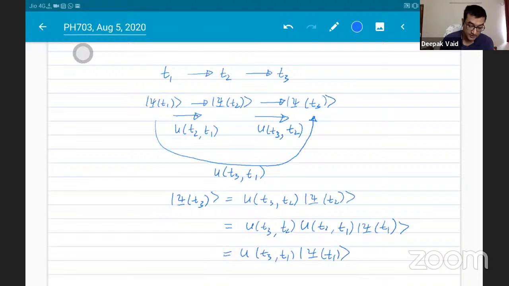So since this expression and this expression are equal to each other, this implies that u of t3 t1 is equal to u of t3 t2 times u of t2 t1. Okay, I hope this is clear. It's the most obvious thing that can happen, right?